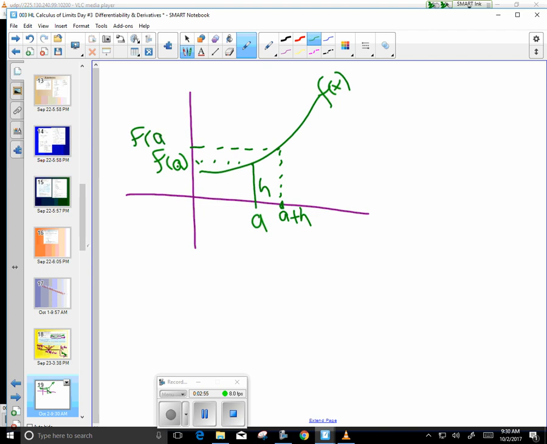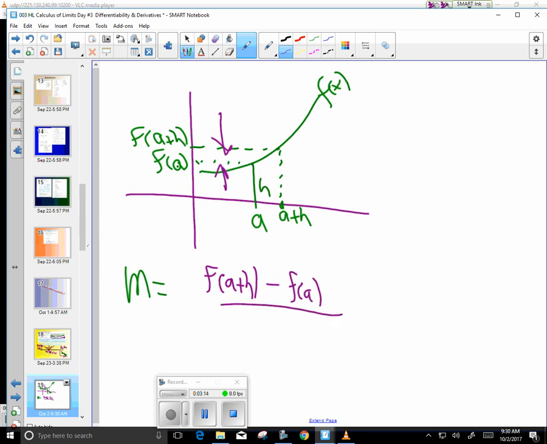F of a plus h. Is that hard? No. So the slope is the change in y, which is f of a plus h minus f of a, all over the change in x, which is just h. That's the slope.